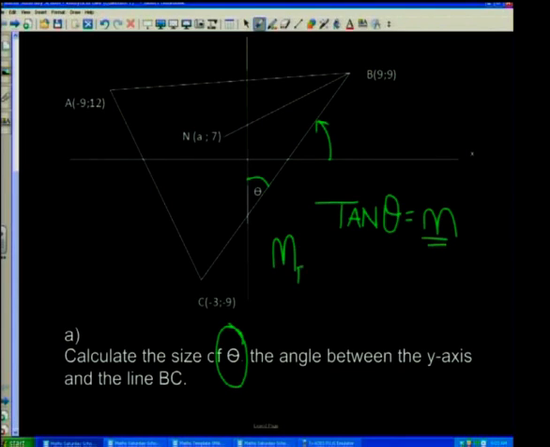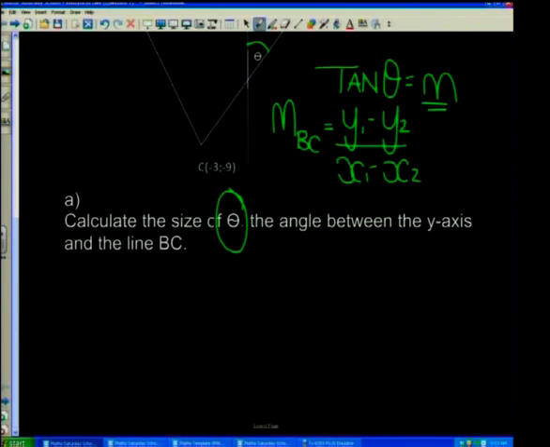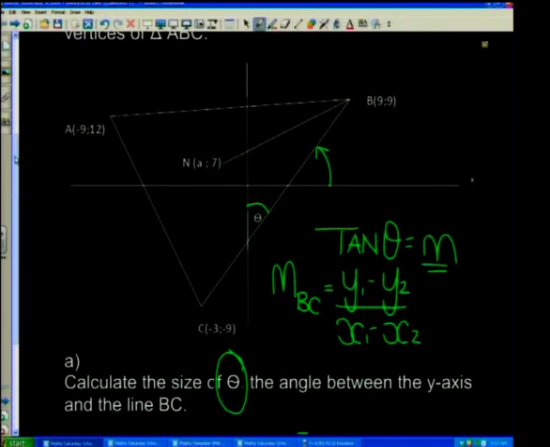The gradient of line BC is found by taking y1 minus y2 over x1 minus x2. So let's sub in our values. Let's call this over here y1, and this over here y2. This value we are going to refer to as x1, and this little value over here as x2.